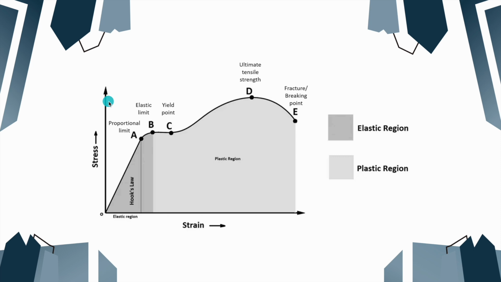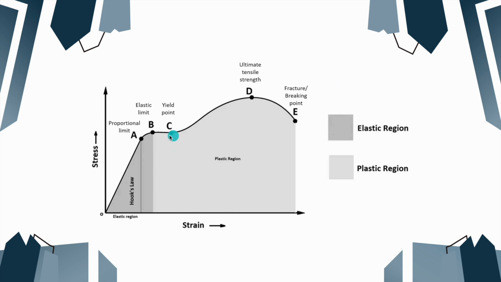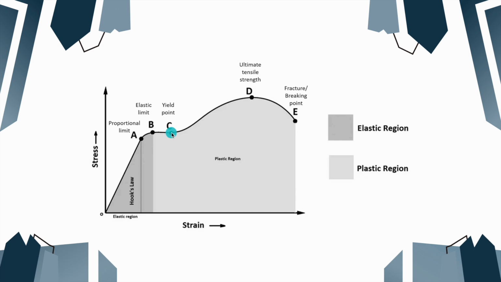Let's say we have a chair, and the chair material is a fiber and plastic mixture. The ultimate tensile strength refers to the maximum stress that material can withstand before necking or failure. So how does it differ from the yield strength? It is the stress at which the material begins to deform plastically. So this is the yield point, and I'm referring to yield strength.